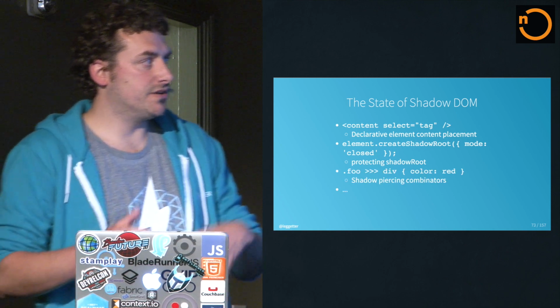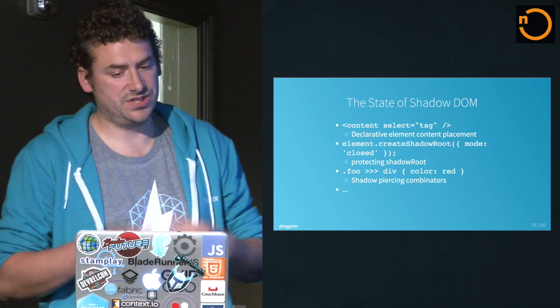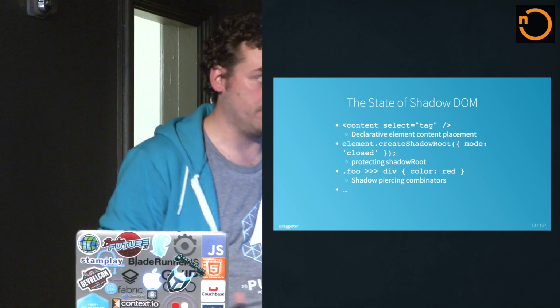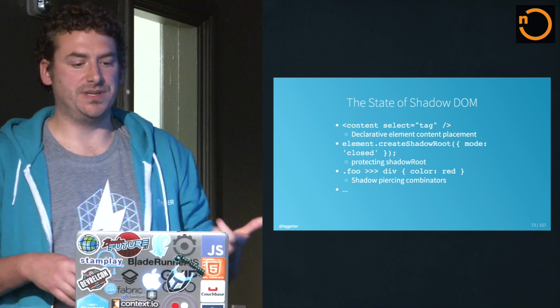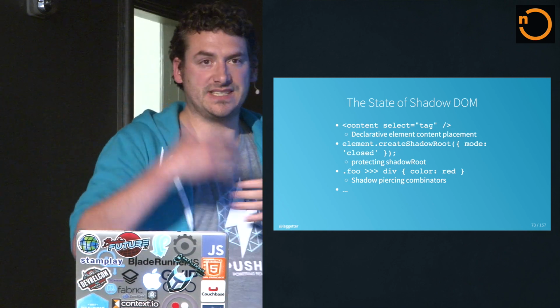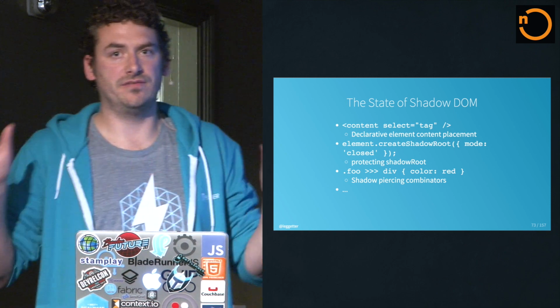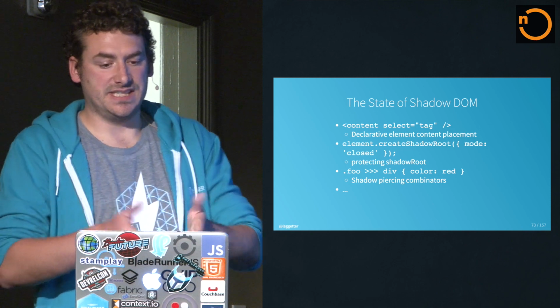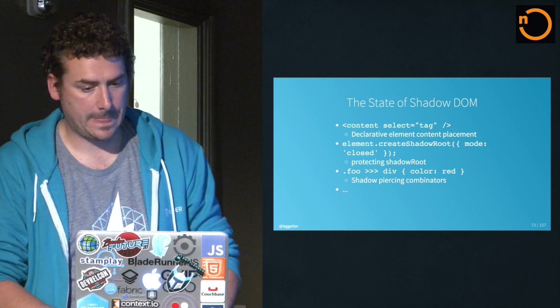There are also ways you can style the contents of a custom element: shadow piercing combinators, CSS properties. Again, there are some questions around how that should be done, whether it should be just CSS properties. As you define your custom element, you say you can override these things in CSS, but you can't override anything else. At the minute, it's a free-for-all. You can just use these shadow piercing combinators, so that might change as well.